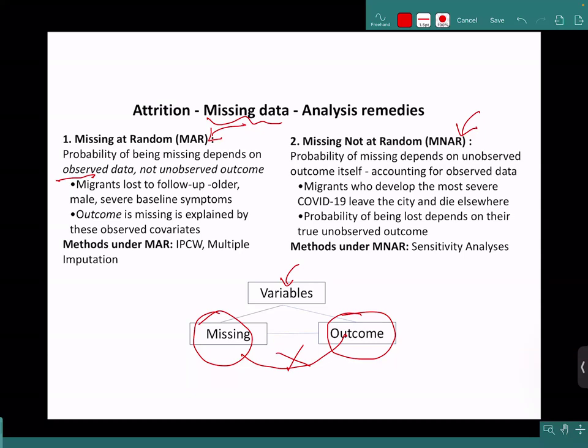So the migrants, for example, in the migrant study are lost to follow up. They have some characteristics like they are older males, they have severe symptoms, and they are lost to follow up. But if the outcome you're looking at is mortality, you know that this missing status is not related to mortality. If you have that confidence, then you say it is missing at random.